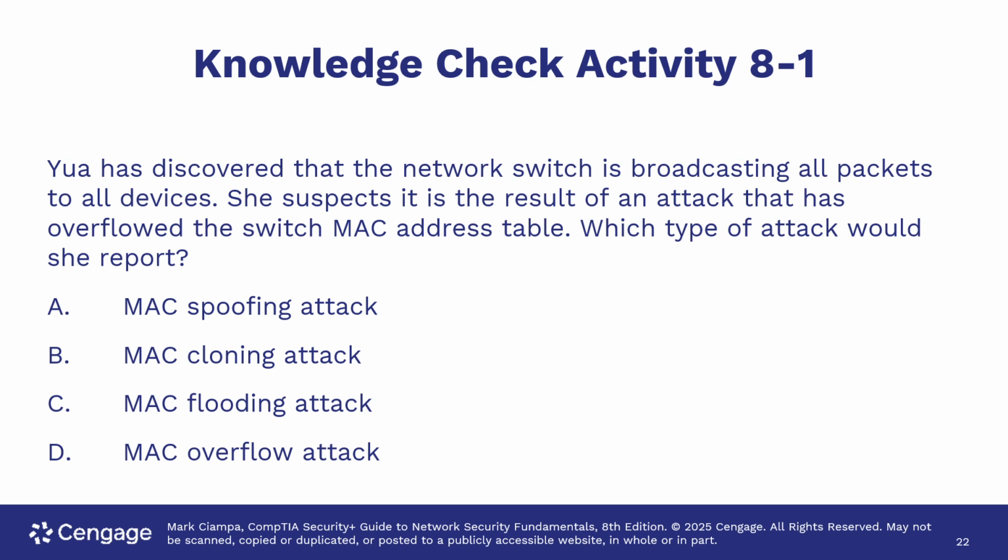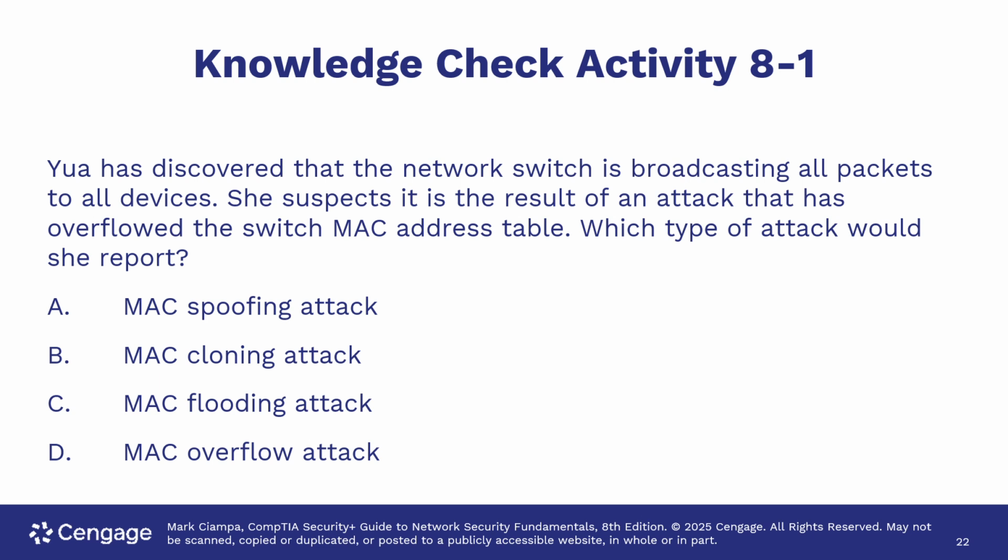Okay, here's our knowledge check activity for Chapter 8, Number 1. UA has discovered that the network switch is broadcasting all packets to all devices. She suspects this is a result of an attack that has overflowed the switch MAC address table. Which type of attack would she report?